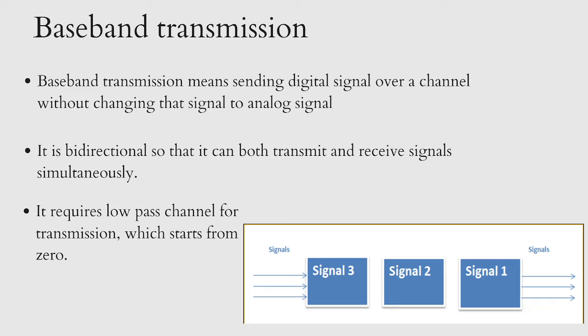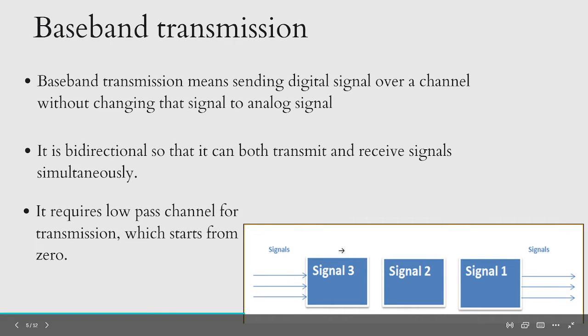Ideally, we consider the bandwidth as 0 to infinite, but there is no low pass channel of 0 to infinite, so in practice we consider 0 to a certain value, that is a low pass channel, and the baseband signal is transmitted over this low pass channel.